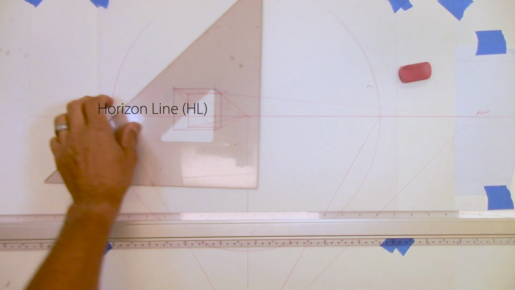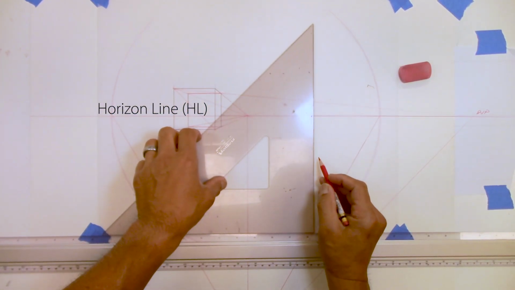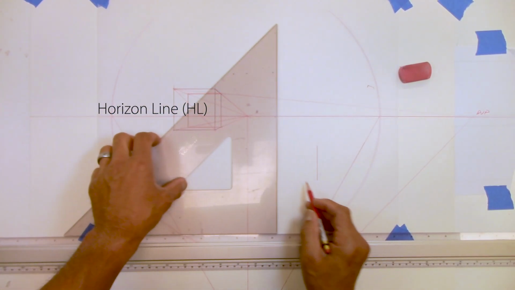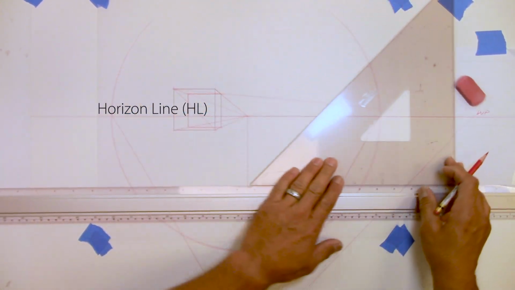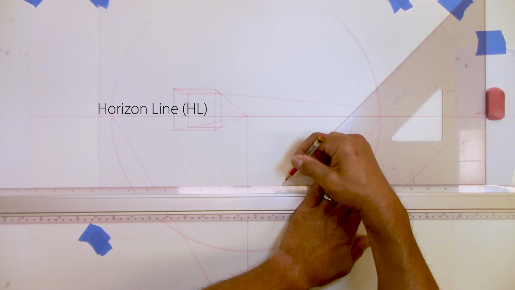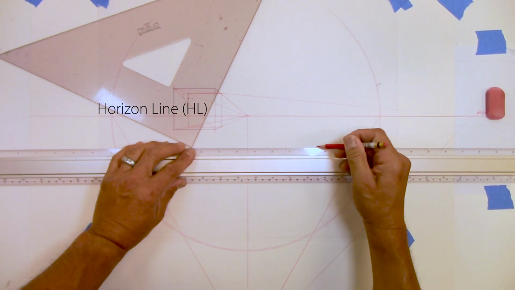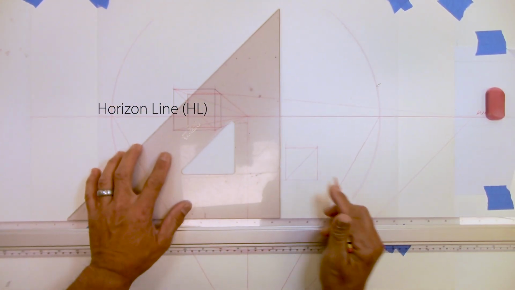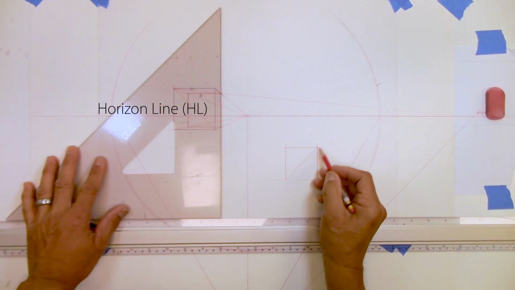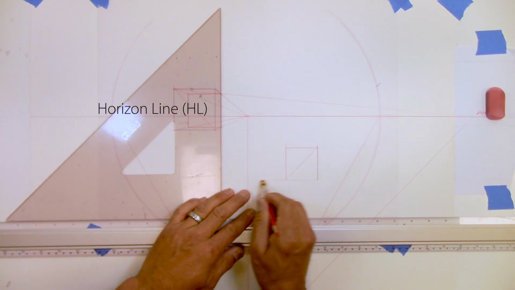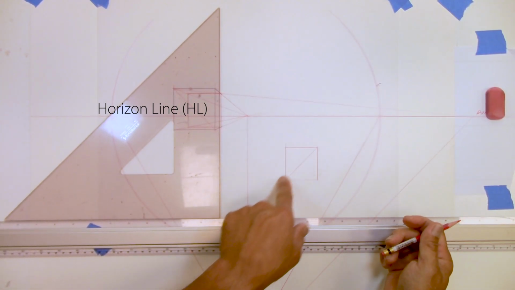Okay, so allow me to do another one. So I'll do one down here. You can see I put this 45 at the opposite, starting from the top right down to the bottom left.